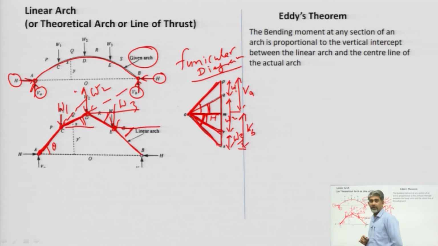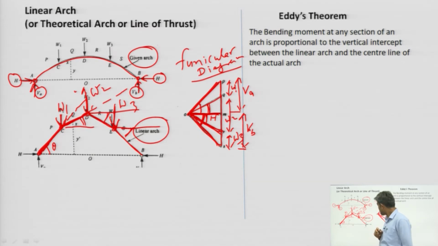They are forming like a truss member, and hence they can carry only compression force. Since the loads W1, W2, W3 are acting here, members AC, CD, DE and EB will be under compression, and the force within the members can be calculated by taking a free body diagram at joints C, D, E and B. So, this is the linear arch for this particular given arch.